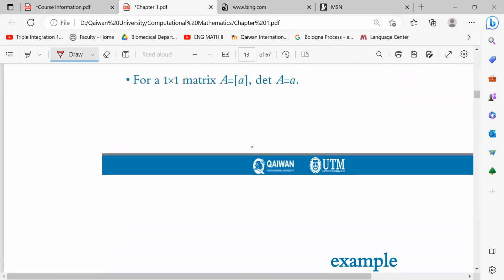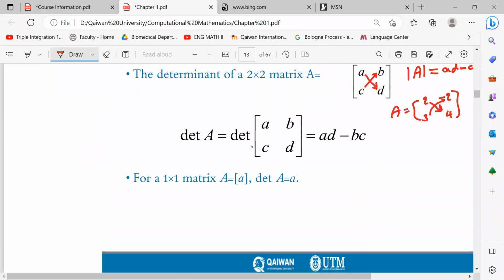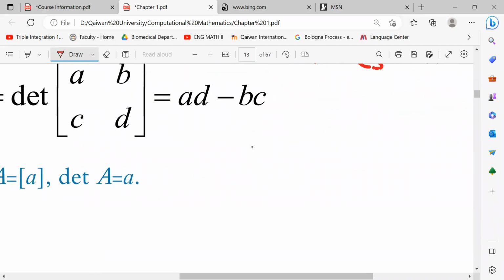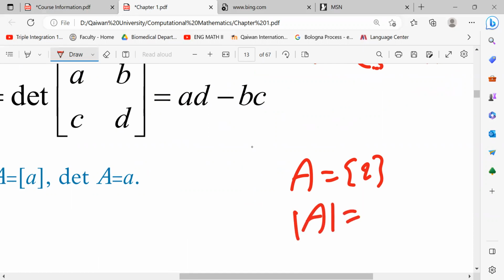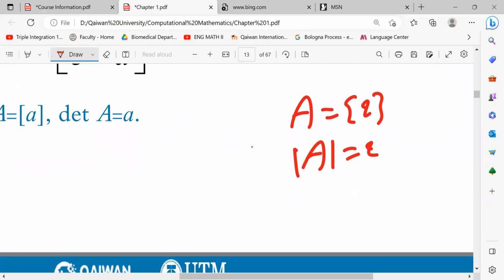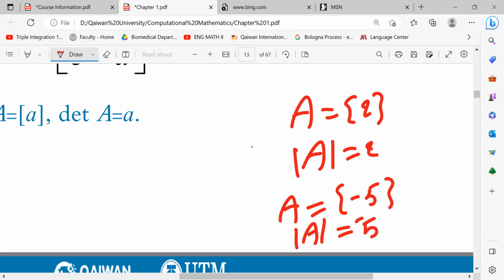It's so easy. And for a 1 by 1 matrix, it's easy. If A is, let's say, 2, it's a 1 by 1 matrix. We have one row, one column. It is 2 itself, the number itself. So the determinant of A is still 2. If A is negative 5, the determinant of A is still negative 5.